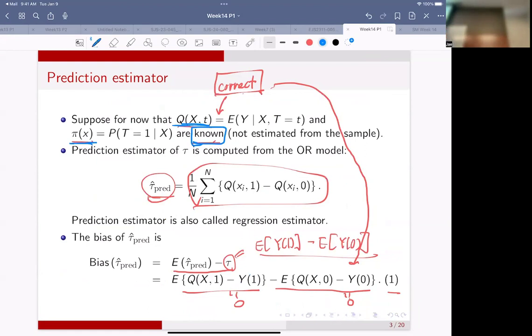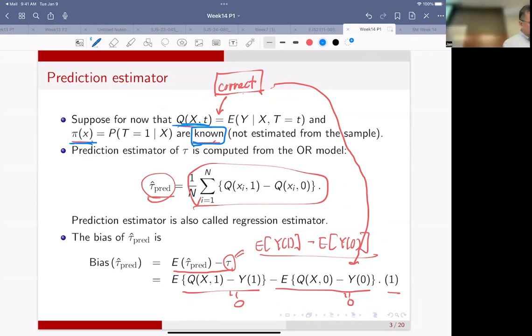But in practice, we never know it; we need to estimate it from the sample. The assumption that we know it is more for motivating the idea. It's not really to construct the estimator, but to understand what's going on.